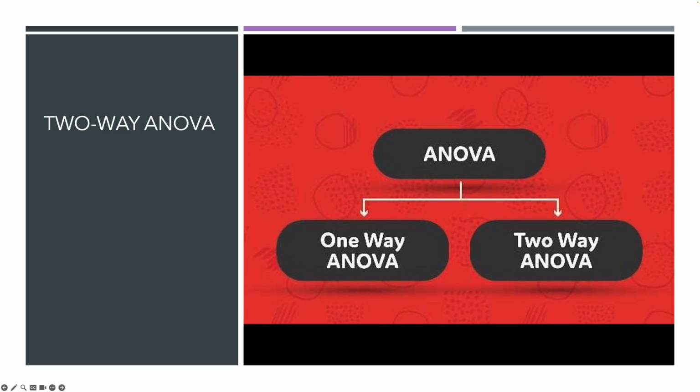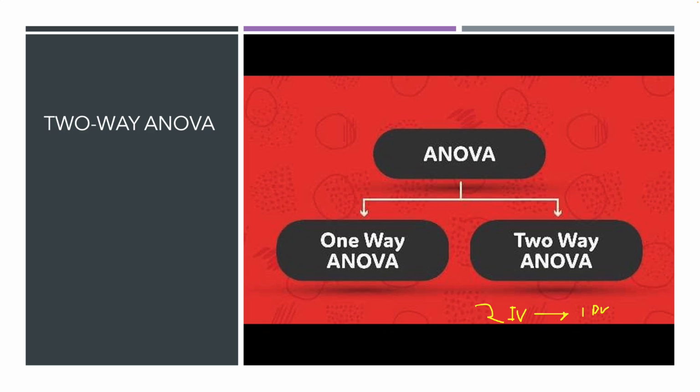And a two-way, once again, is a test that determines the effects of 2 independent variables, I'm going to say 2 IV, on a single dependent variable, on one dependent variable.